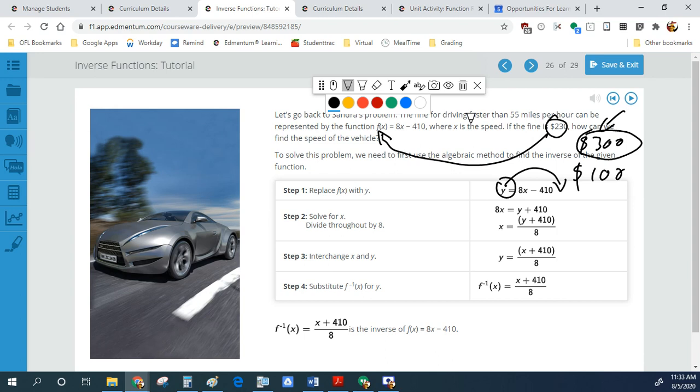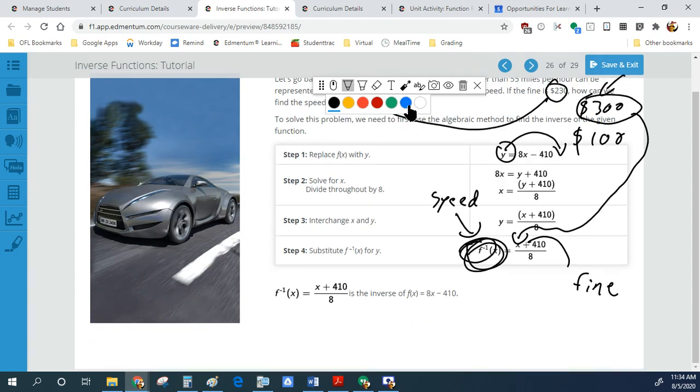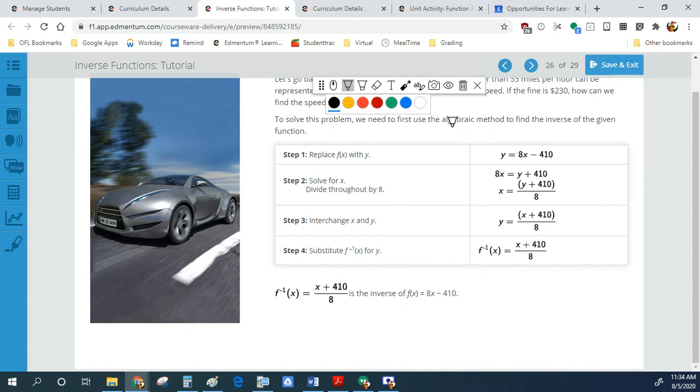And so basically we can plug the cost of the ticket into here, and your new value is going to be your speed. Before, you plug in your speed here and you get your fine, but now you can plug your fine into there and then figure out what your high score is. So there you go. That's your inverse. That's how you can find out what it's doing.